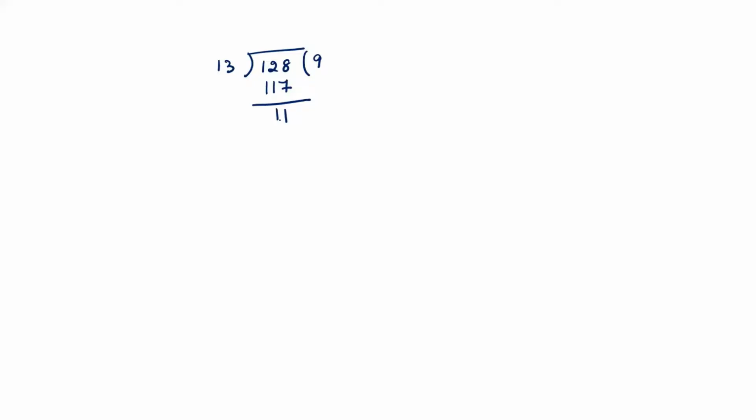So we are dividing 128 by 13, and we get 9 as quotient and 11 as remainder. Now tell me the division algorithm for this. 128 is equal to 13 into 9 plus 11.